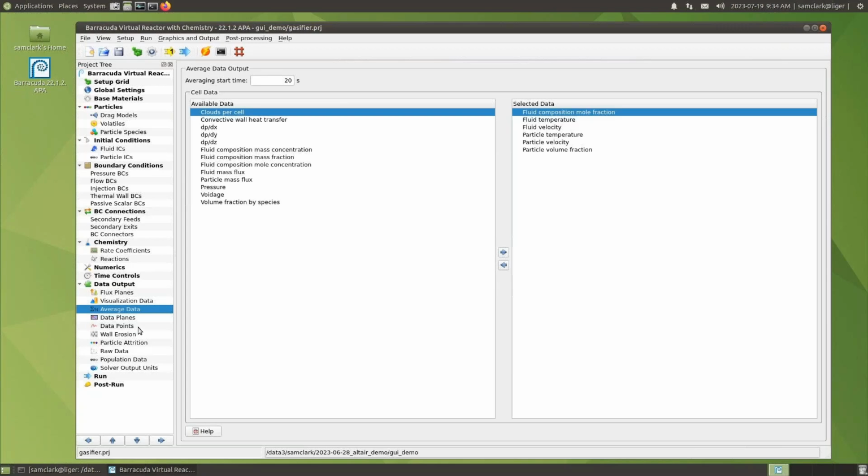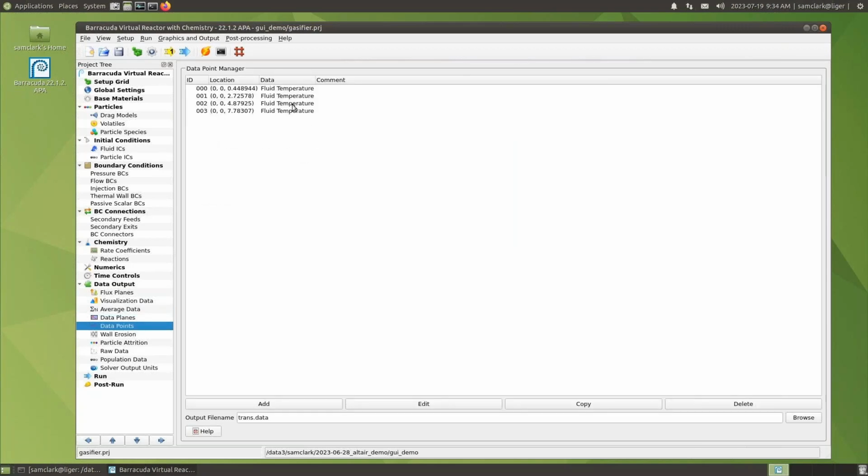A couple other things I'll point out. Data points are very commonly used by a lot of our customers where they want to model things like thermocouples or pressure transducers that in their real system would be giving them high frequency output. You can mimic that numerically using data points at any point in space in the simulation.